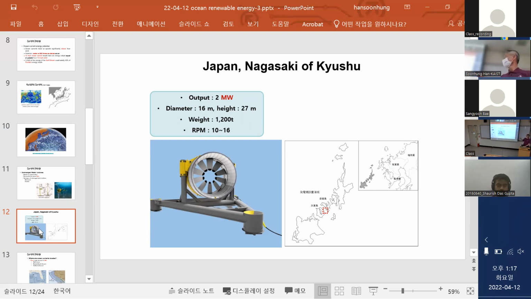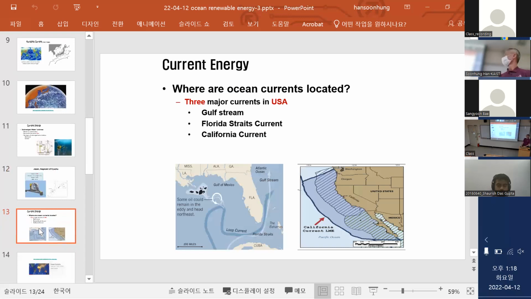And in the United States, there are 3 major currents that can be captured.